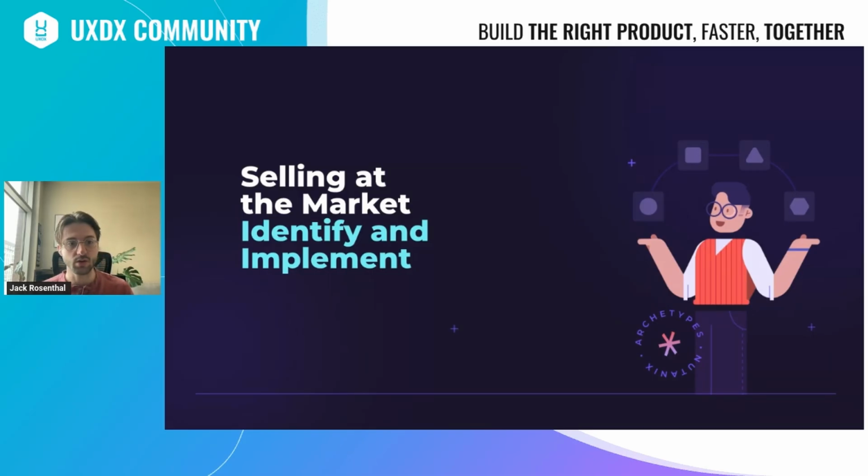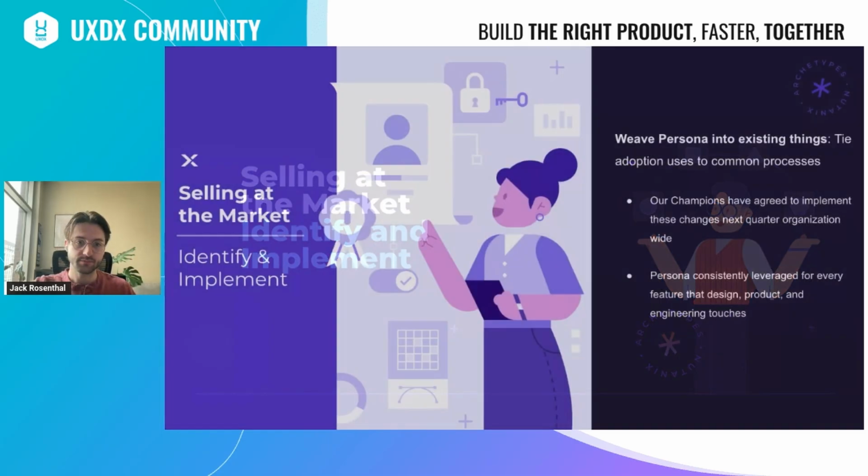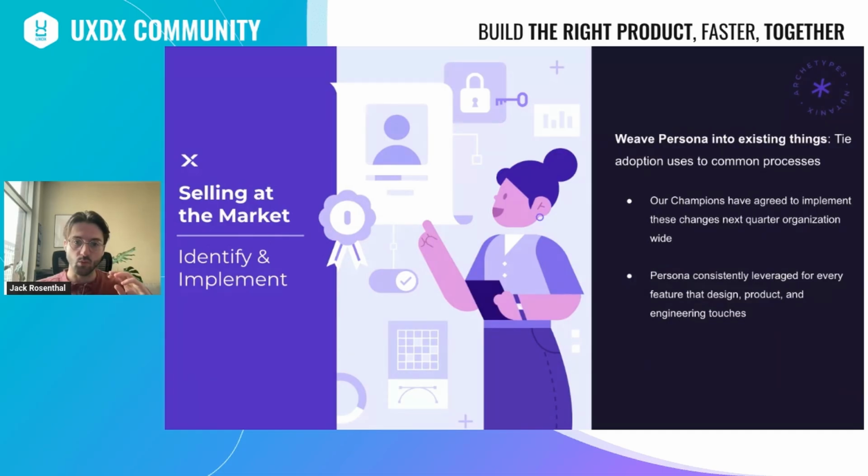You want to make sure that you can try and find a way to have your archetypes or your persona tied into that. So that's what we're talking about here. This is where the champion is the most important out of all the steps in the process, because they need to have the authority to implement that change, to say, hey, I know that we do it this way.